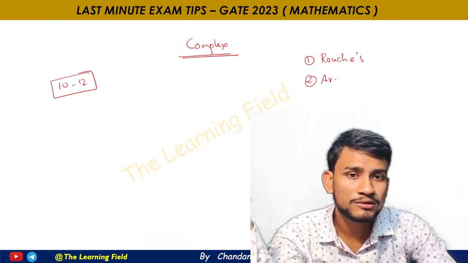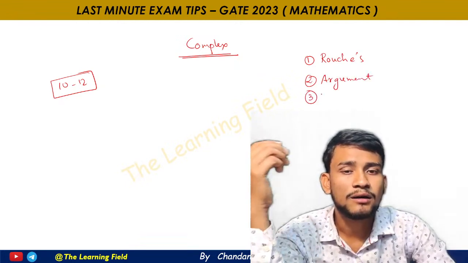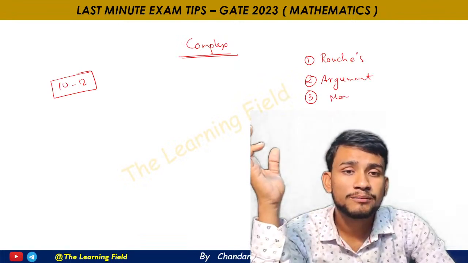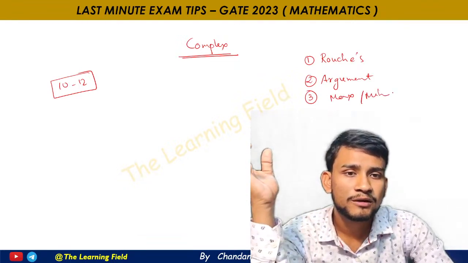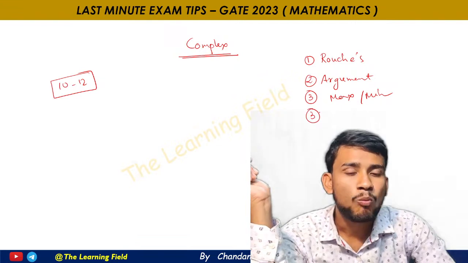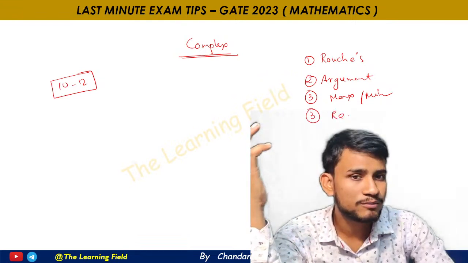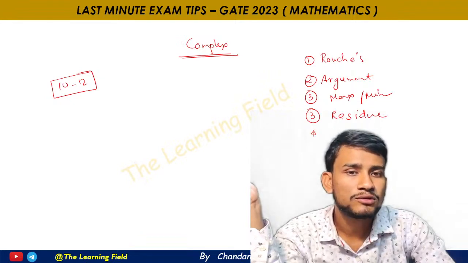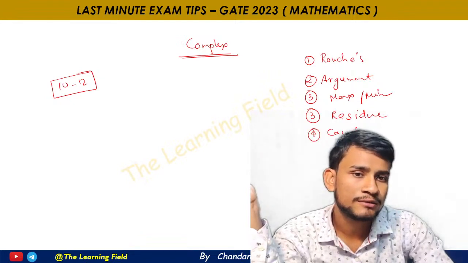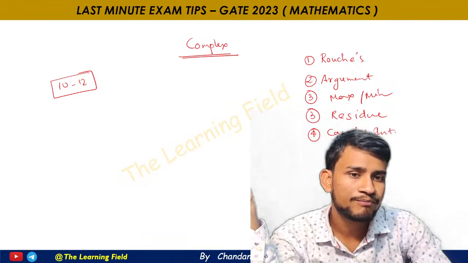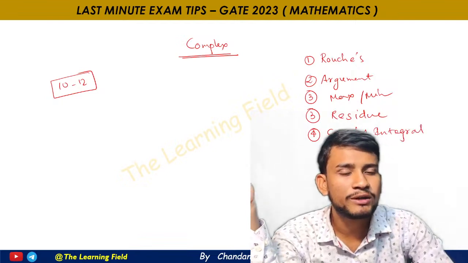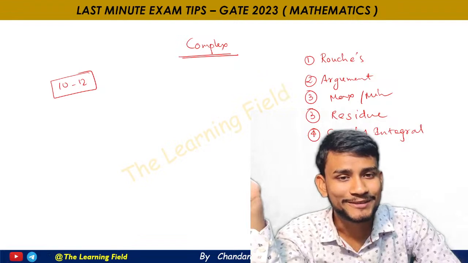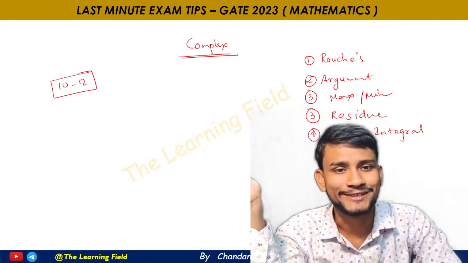Then maximum modulus theorem and minimum modulus theorem, and two questions from the residue part, residues. Fourth is Cauchy's integral formula. These are the favorite topics for the GATE exam paper setters, the people who set the questions.